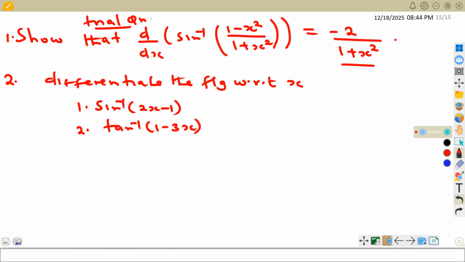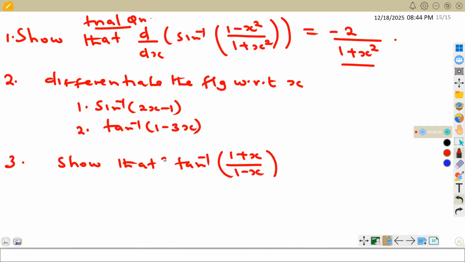Try to follow similar procedures and see if you are able to come up with the answer there. And lastly, try for me this: show that if you get an inverse almost similar to what we have done, when you differentiate this, you will be able to get 1 upon 1 plus x squared.